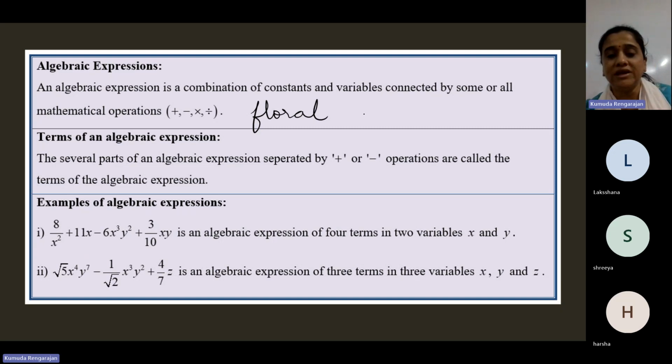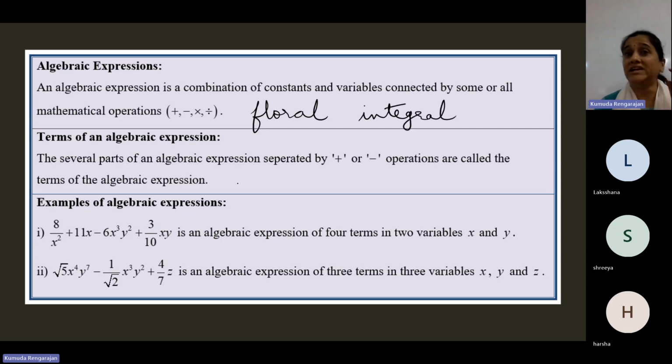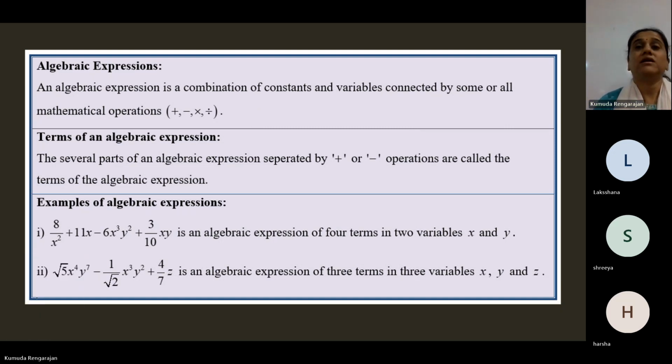Similarly, integral meaning of integers, made up of integers. A polynomial is an algebraic expression in which the variables involved have non-negative integral powers. A very simple definition of a polynomial.